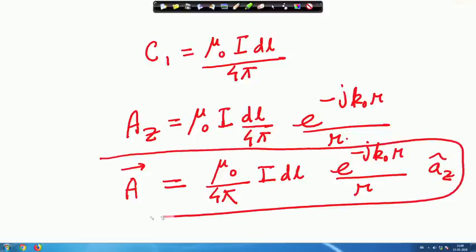So, solving the inhomogeneous Helmholtz equation, we could obtain the magnetic vector potential. This is a remarkable achievement.